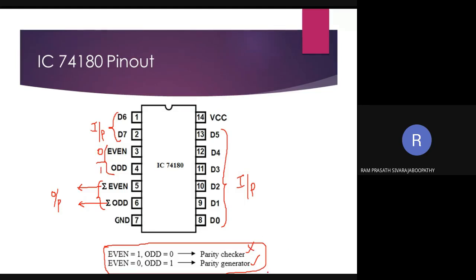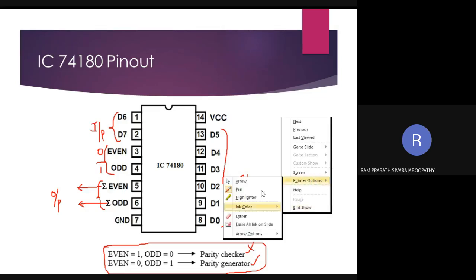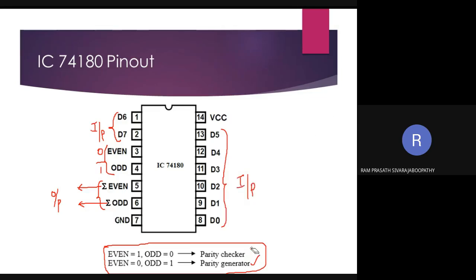Clear? In this configuration, it will work as a parity generator. So along with whatever 8 bits of data inputs we give, the parity bit will make it always even parity.